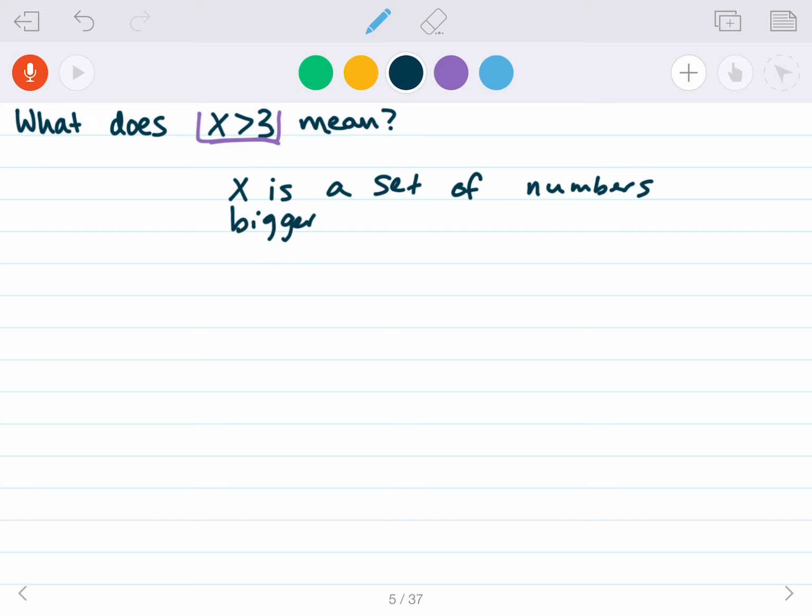That's what that literally means. X is greater than 3 is an unknown set of numbers that are bigger than 3. Now, what numbers can you think of that are bigger than 3 that would be in this set? How about 4, 5, 6, a million?